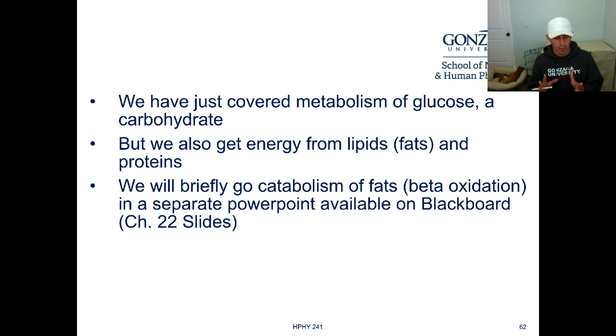It's a much shorter one, where I establish how our body gets energy from lipids or fats. This metabolic process is called beta oxidation. That will be in a separate PowerPoint that's available on Blackboard as well as a video, and refer to the syllabus as to when that will be covered in class.